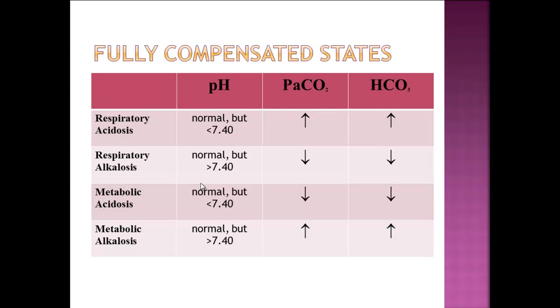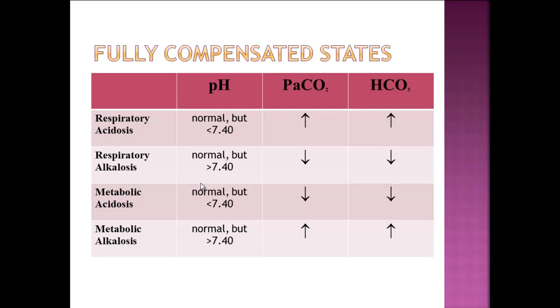So since the pH was elevated before returning to normal, and the PaCO2 is decreased, arrows moving in the opposite direction, we assume that was a primary respiratory alkalosis that has now been fully compensated.